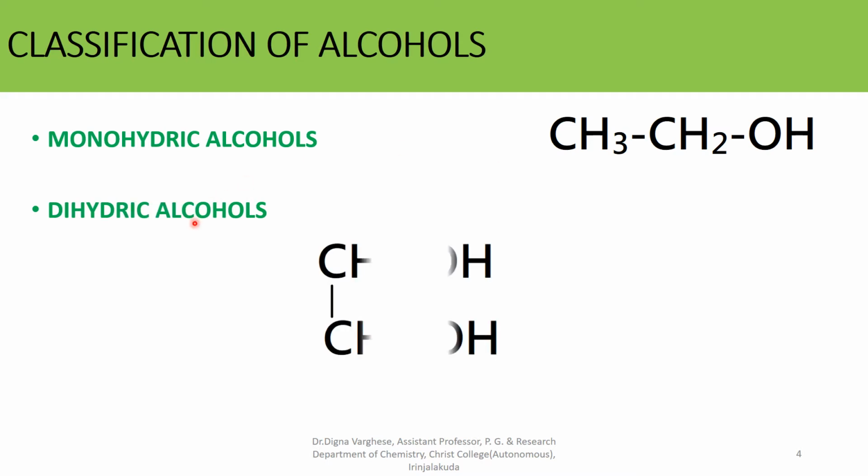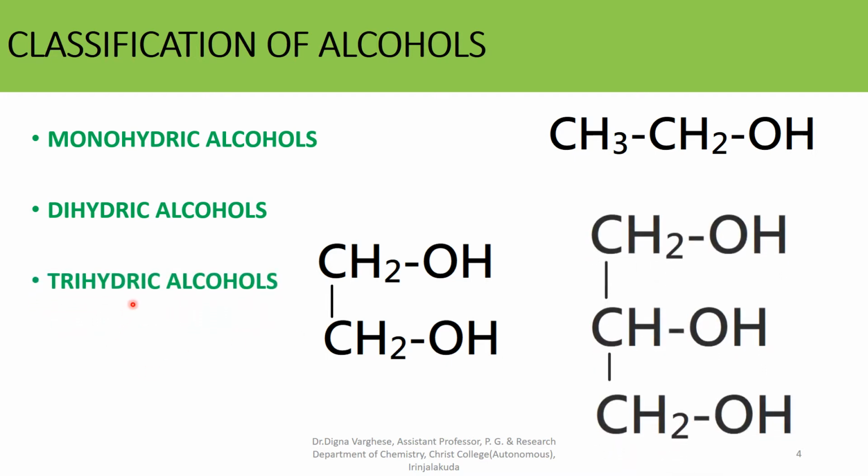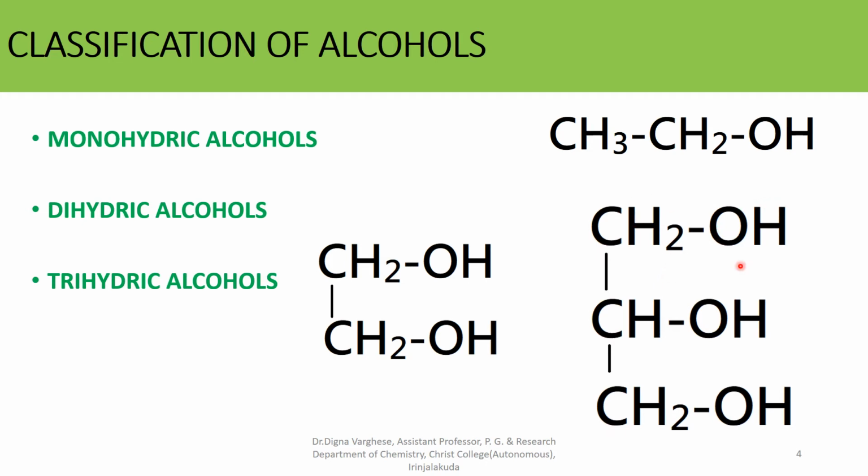Dihydric alcohols. Here you can see the number of OH groups is 2, so it is a dihydric alcohol. Third one is trihydric alcohols. Here you can see 3 OH groups are present, so it is a trihydric alcohol.